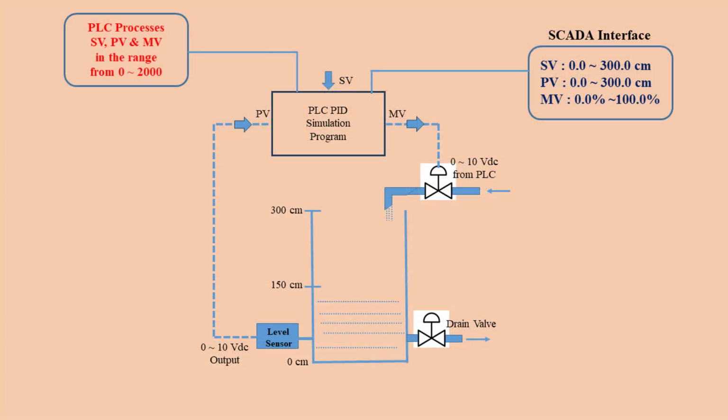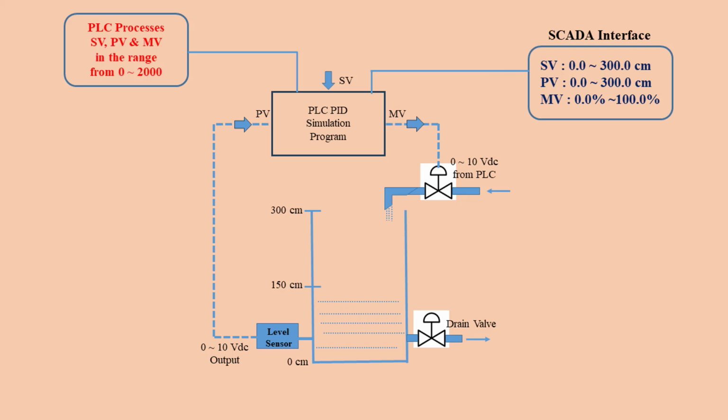Though the PLC processes these values in digital format, a human operator always accesses these input-output parameters in the form of physical units. That is, the physical unit for set value and process value of the level process station is 0 to 300 cm, and for manipulated value is 0 to 100%.